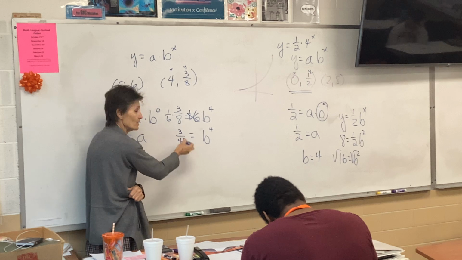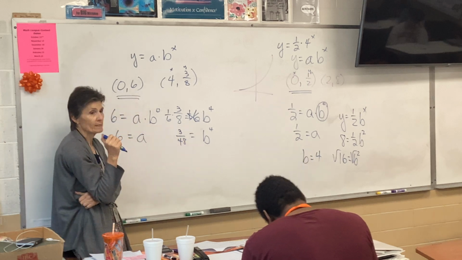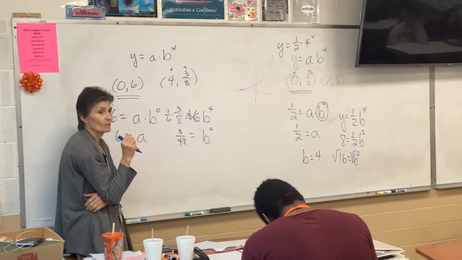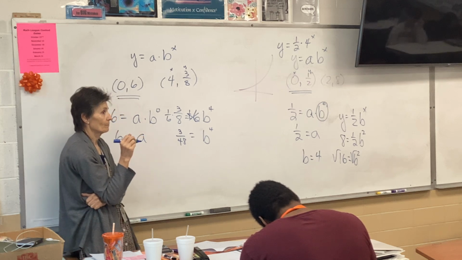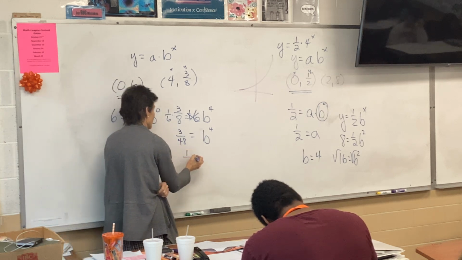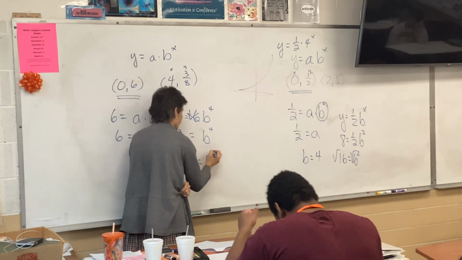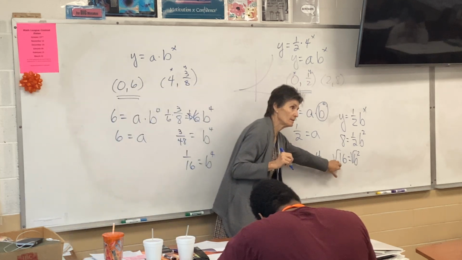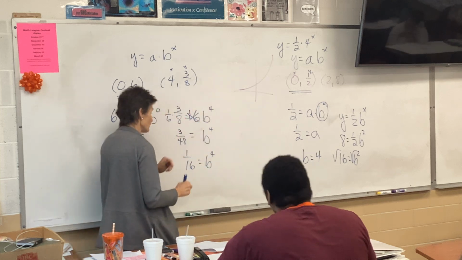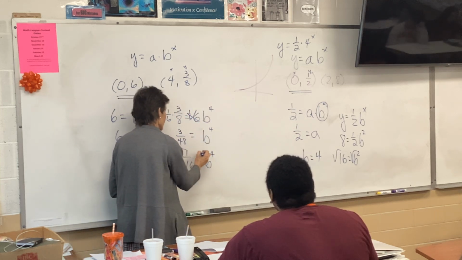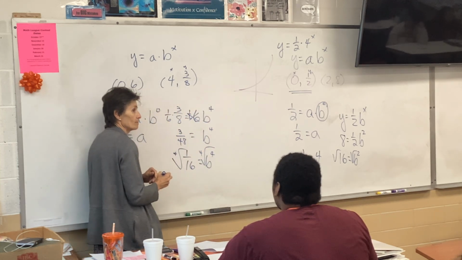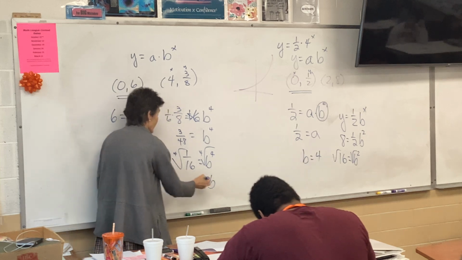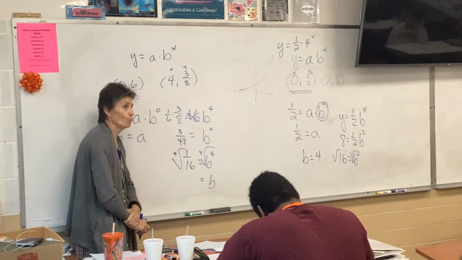That actually reduces. Do you know what 3 over 48 reduces to? Not 1/4. 1/16. And you remember over here when you square rooted, you didn't have any issues with that. Now you're going to 4th root. Anybody know what the 4th root of 1 is?